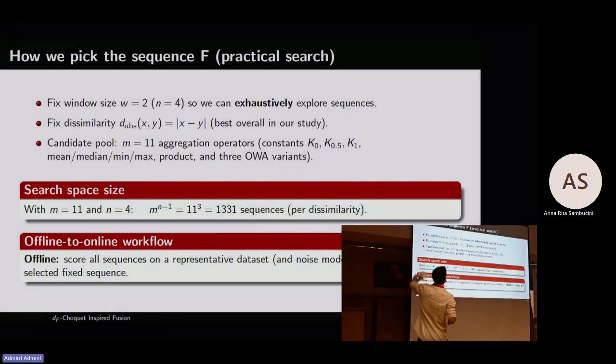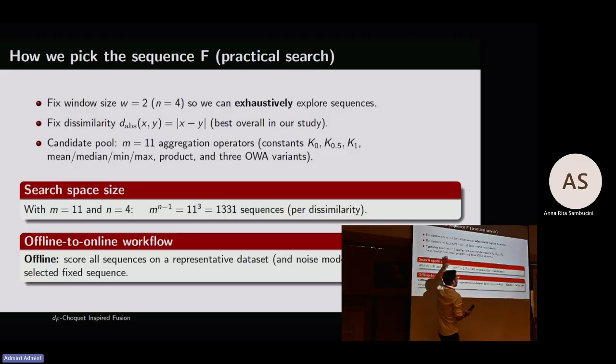What we try to do is to search in a very diverse candidate pool. So we have constants, we have functions like mean and max, or aggregation functions like mean, median, and product. We don't have any particular reason; what we try to do is to have a diverse candidate pool.